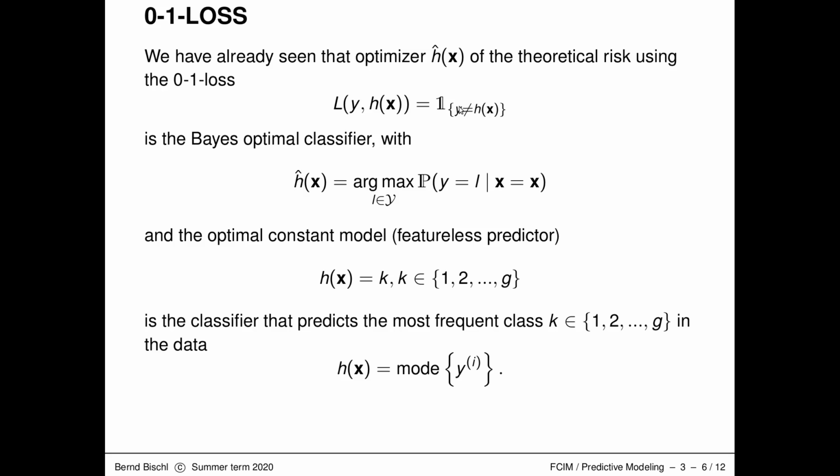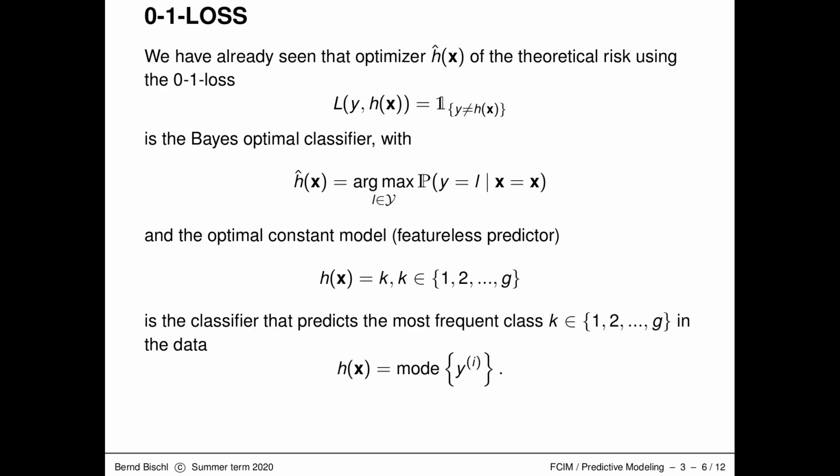And we already know that the optimizer of the theoretical risk using this 0-1 loss is this Bayes optimal classifier, which simply picks the class with the highest posterior probability given a feature vector x.